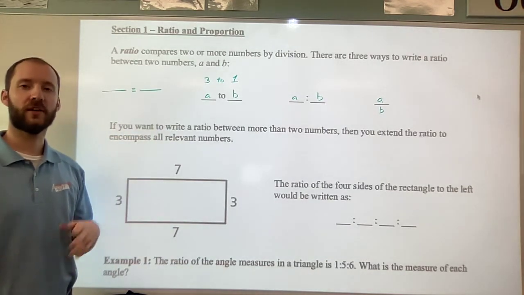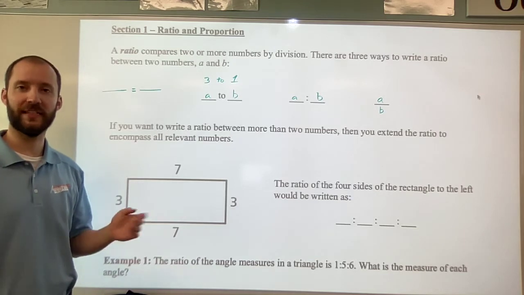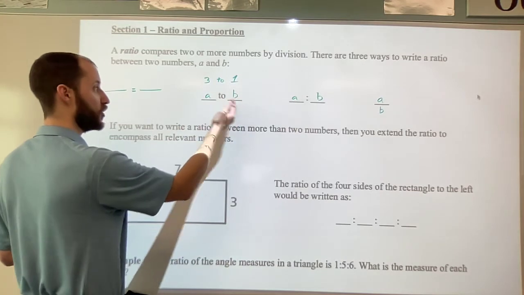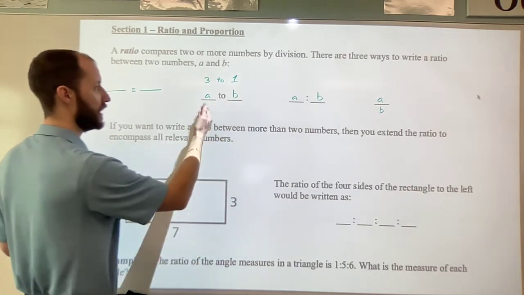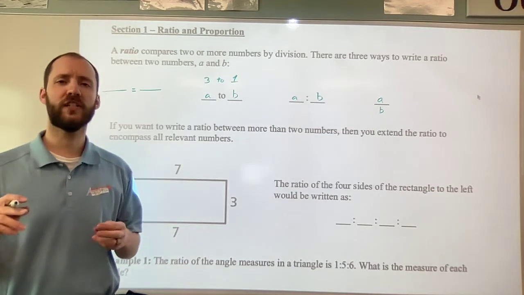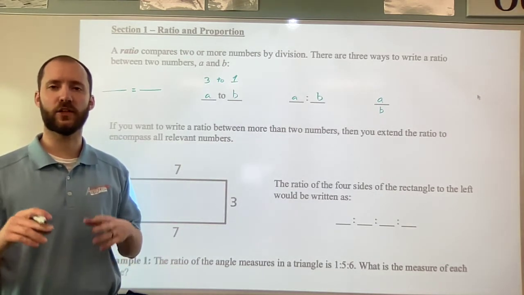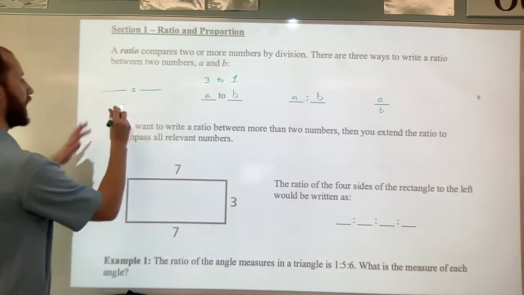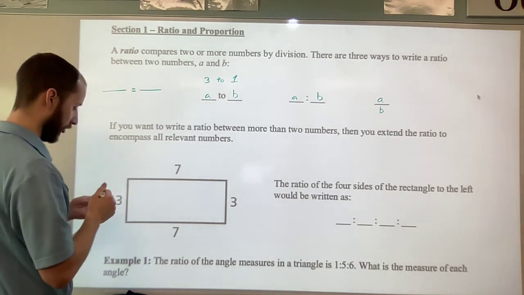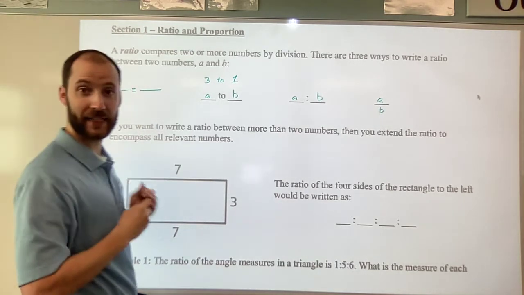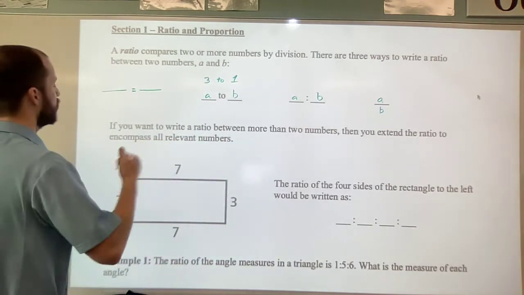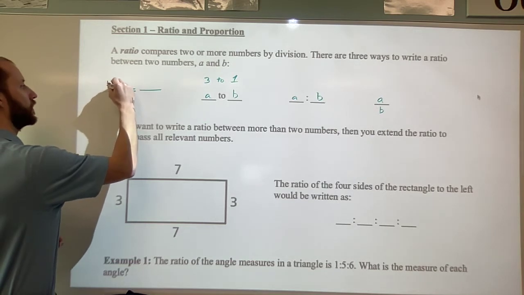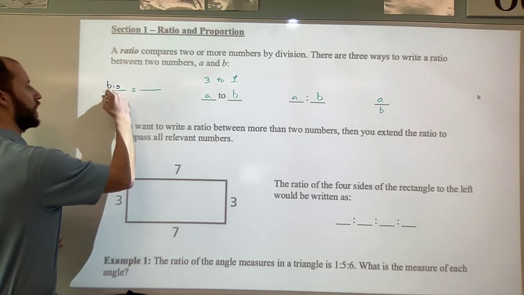Now because these are two separate comparisons that are equal, and the comparisons could be A to B or B to A, so big to small or small to big, what I usually like to do is make some consistency between the ratios. With the first one, I'll compare the big to the small.